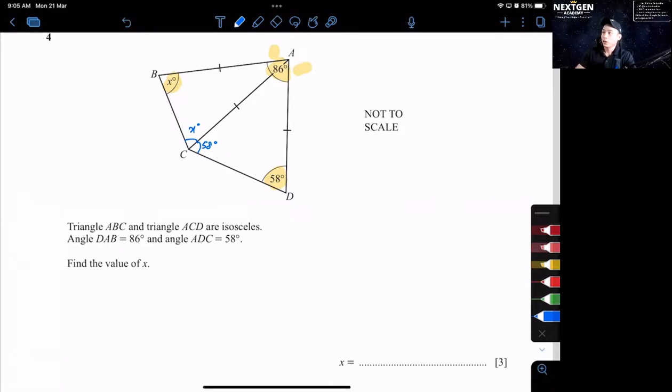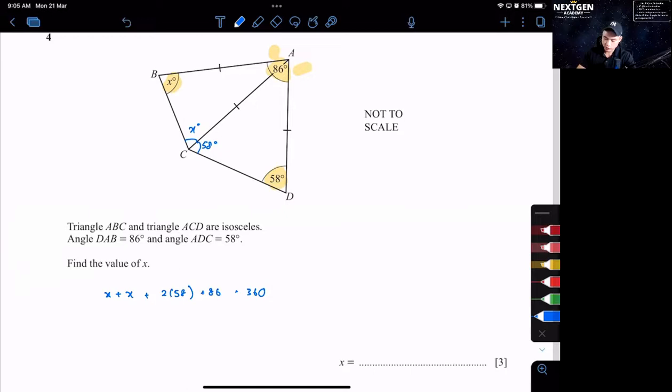Okay, so what I would write is, let's just add up all the angles. x plus 2 times 58 degrees plus 86 degrees, and you will get 360 degrees. Okay, so just type it in the calculator.